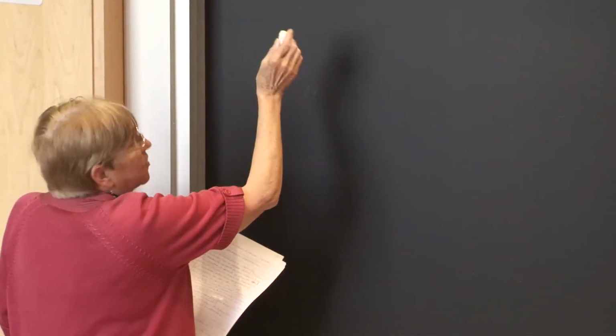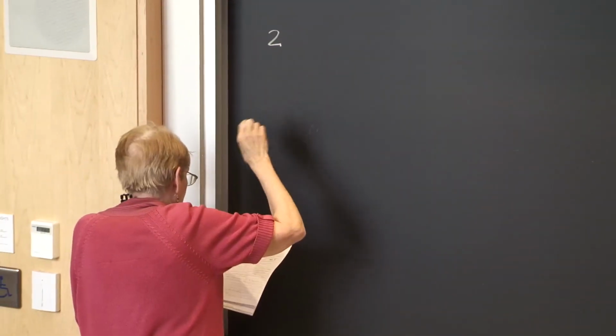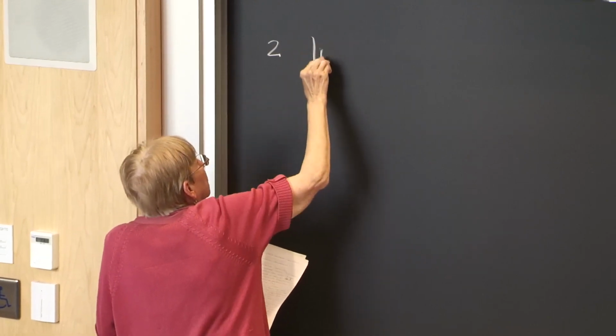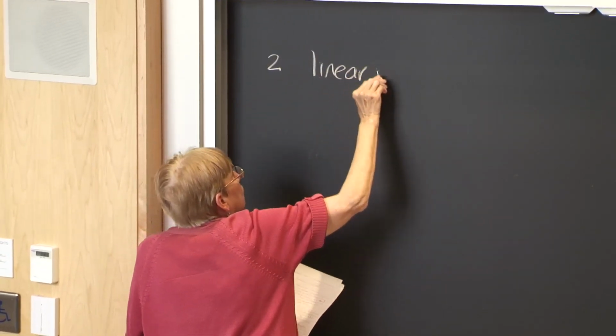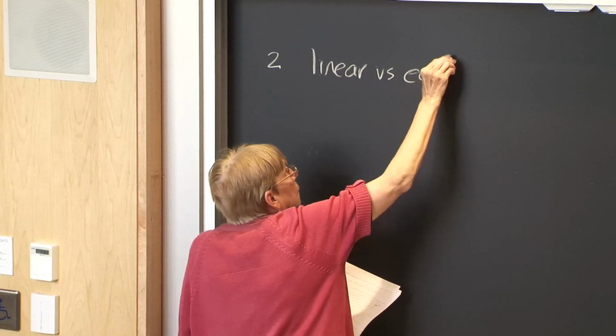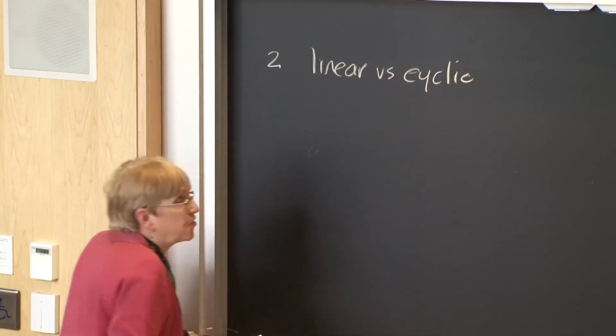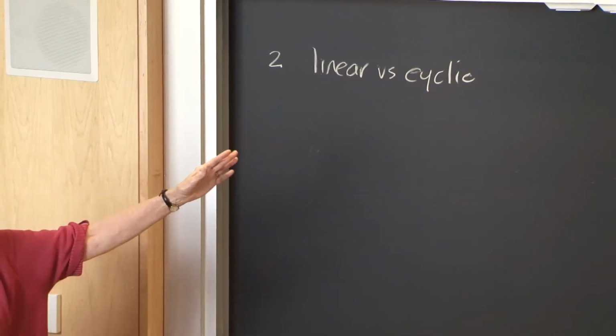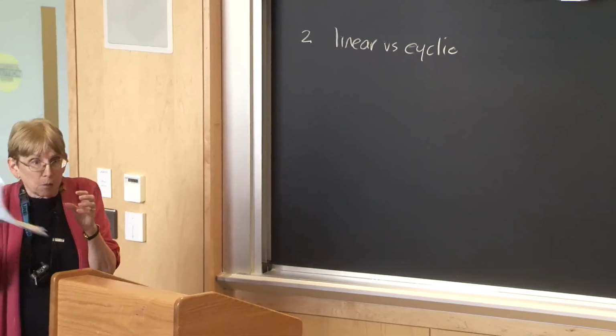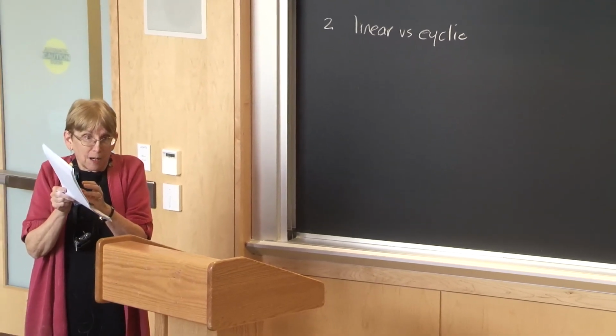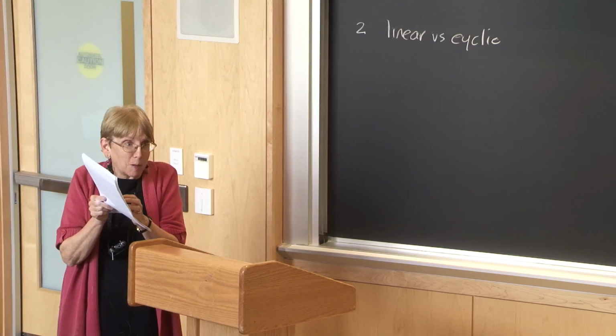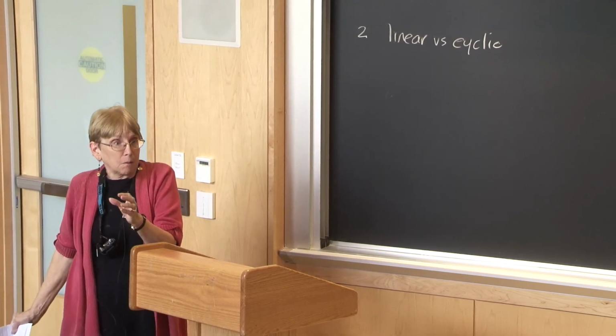The second thing, besides these mechanistic issues, is how do you distinguish between linear versus cyclic? Okay, and you've already seen the strategy with farnesyl pyrophosphate. You have a tiny little cavity where the IPP and the dimethylallyl pyrophosphate bind, and then you have a long tunnel.